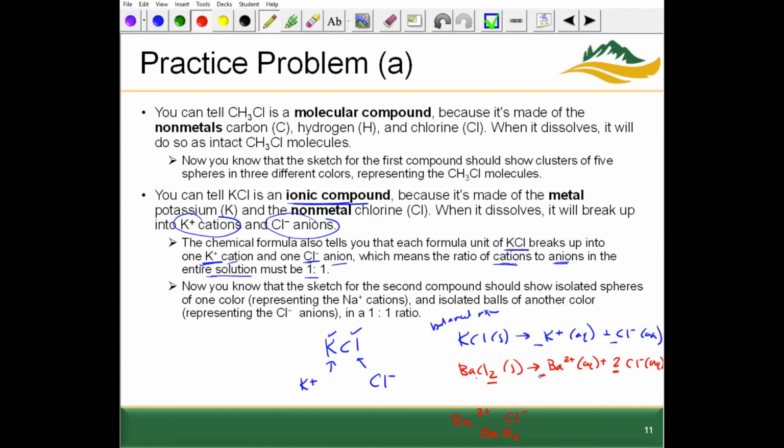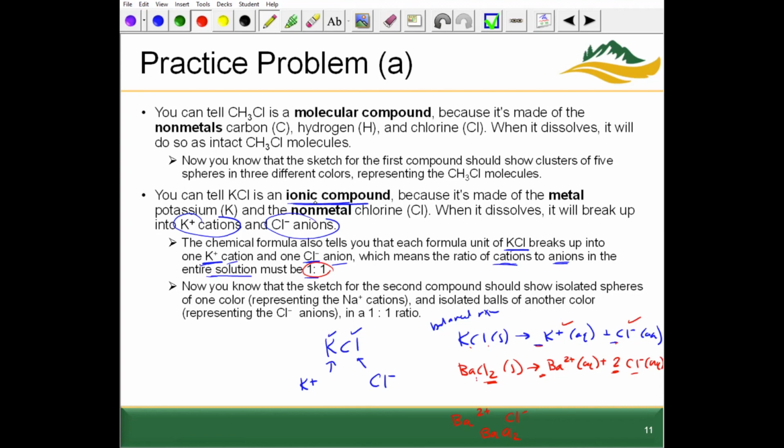So for every 1 ion of Ba2+, there are 2 ions of Cl-. For KCl, we just had a 1:1 ratio of cation to anion. So the formula unit helps us say the ratio of cations to anions based on these subscripts.